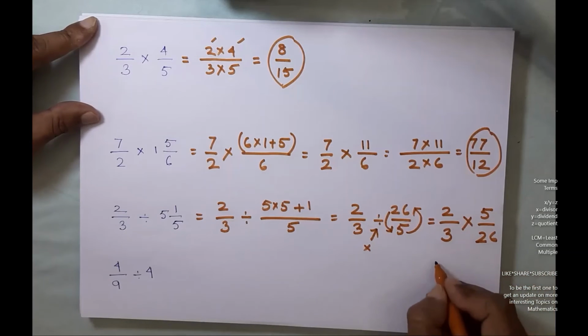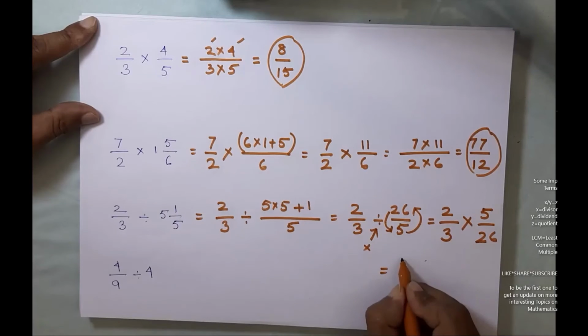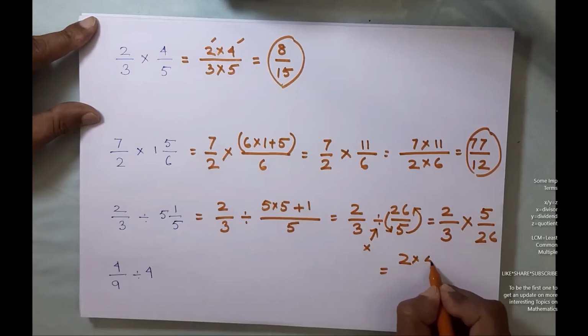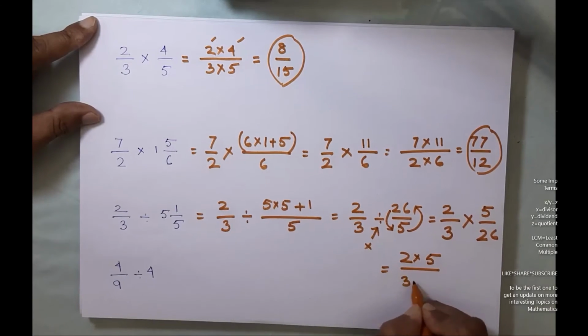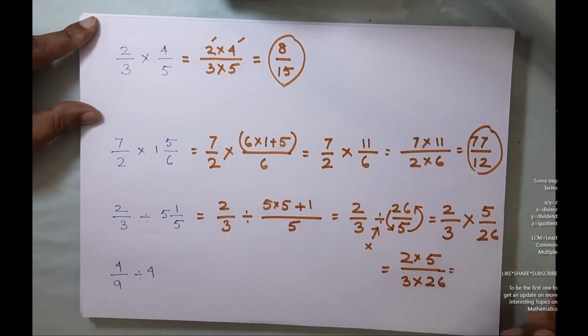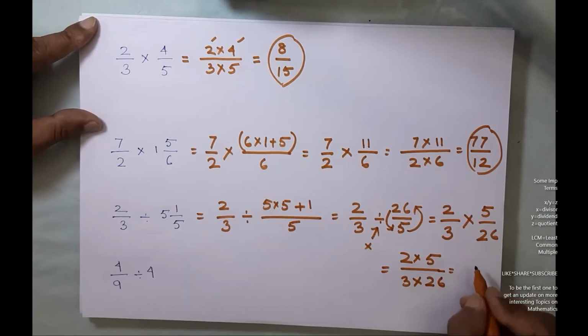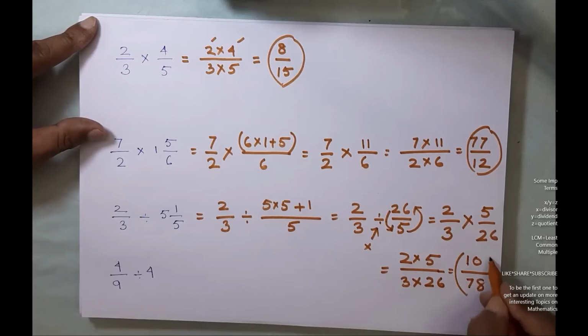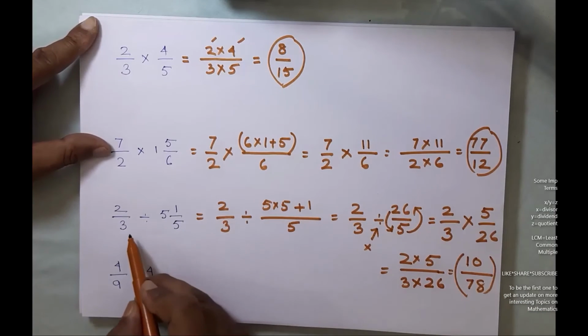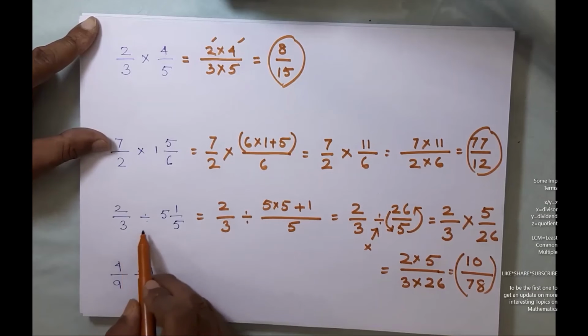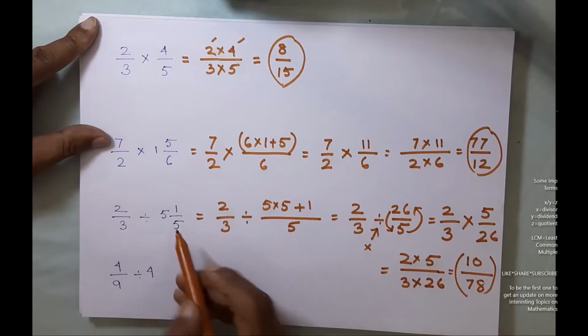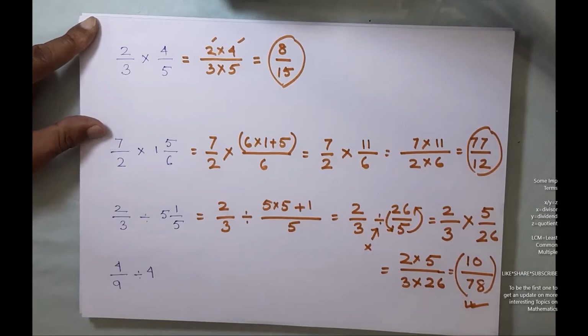And then you do the normal multiplication, which is 2 multiplied by 5 and 3 multiplied by 26. I leave the multiplication; you can please do it in your rough copy. I'll directly give you the answer, and it will be 78. So this is your answer. So the division between 2 by 3 divided by the mixed fraction 5 1 by 5, the answer is 10 by 78.